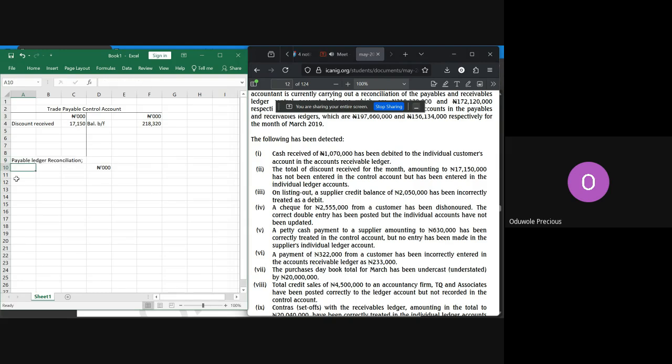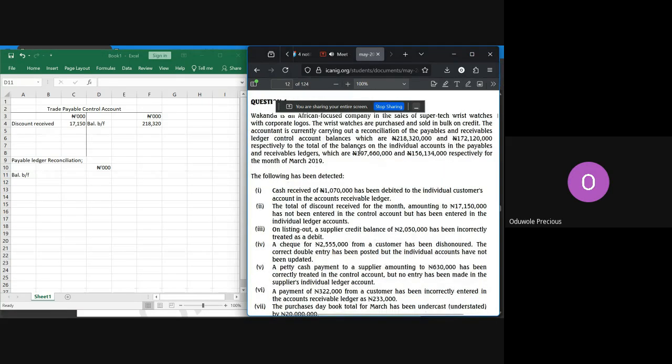So what's the balance? You start from the balance. You always start from the balance. Balance brought forward is how much? Let's come back to this question. That's 197,660. Respectively, the total of the balances in the individual accounts, the payables and receivable ledger, 197,660.